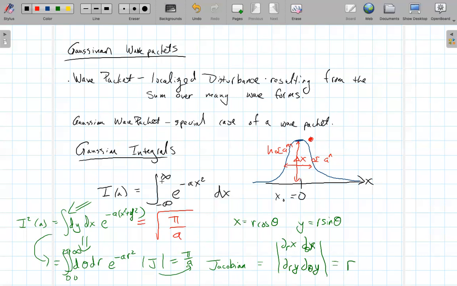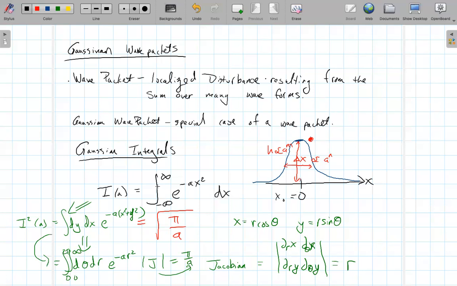Good. So now we have this wave packet. First of all, we want to normalize this, because our wave function is going to be that of a Gaussian. What we want is a Gaussian wave packet in position or momentum space, depending on which one we want to work with.